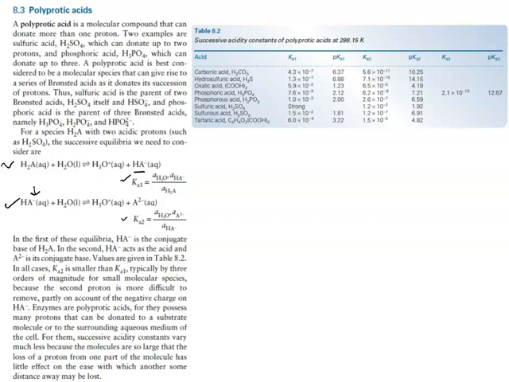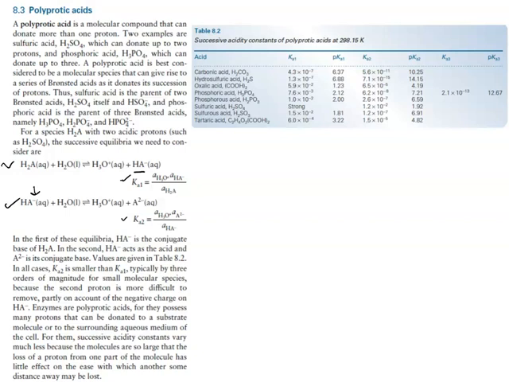Therefore, each successive dissociation indicates a weaker acid. So, in the first of these equilibria, HA- is the conjugate base of H2A, and in the second, HA- acts as the acid, and A2- is the conjugate base.